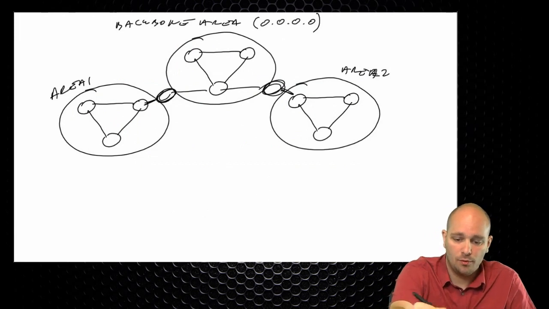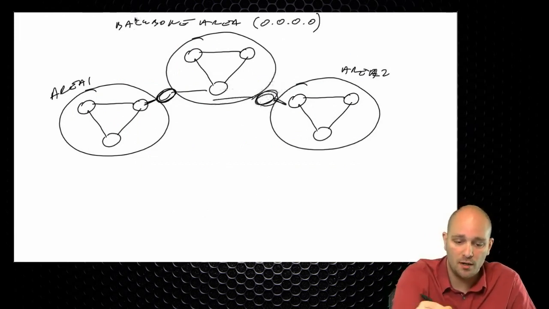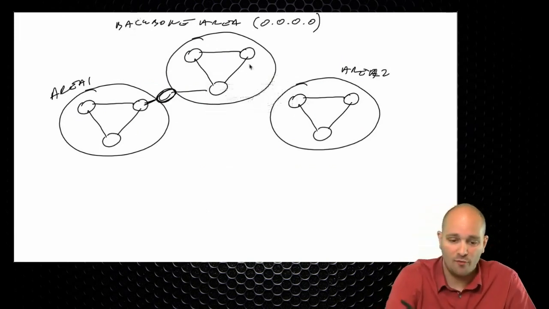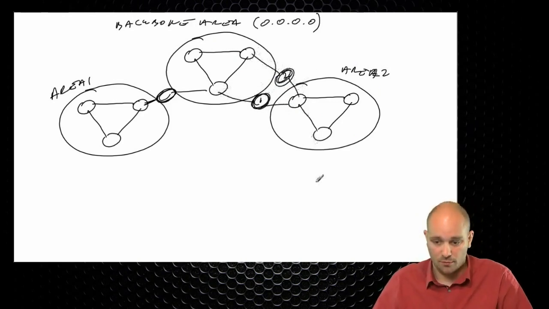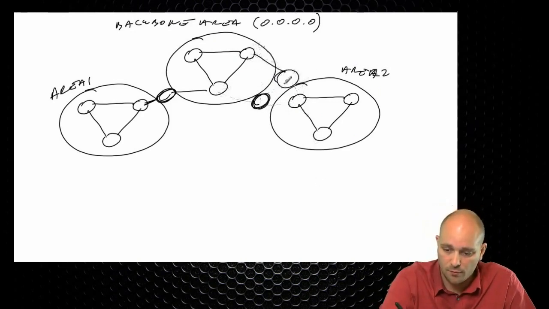So now, let's say that on our area 2 here, instead of having just one border router, we have more than one border router. So we are going to have, let's say, border 1 and border 2. Or let's make it even more fun, like this.